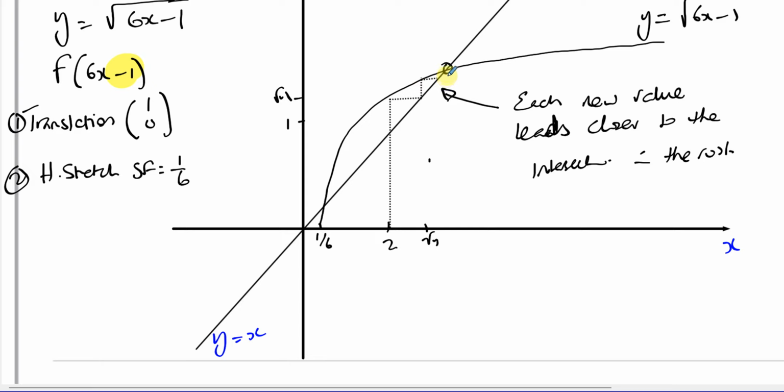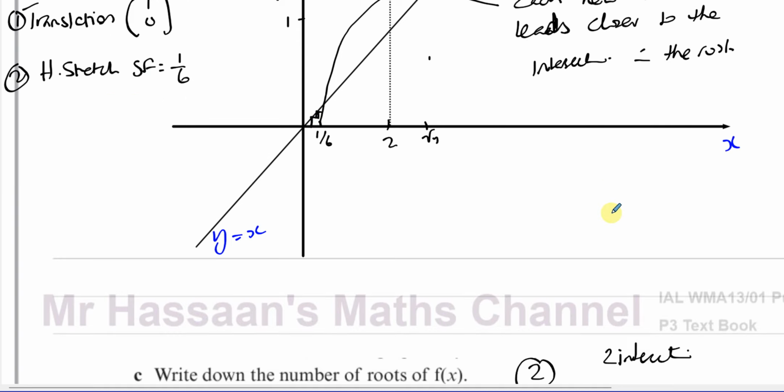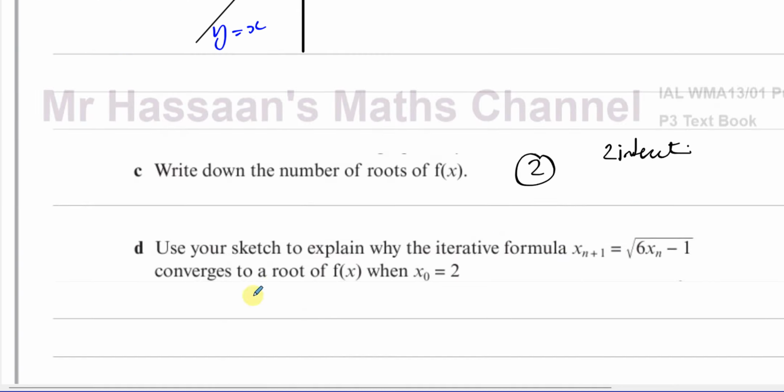So that would get you closer to that root, I guess. And I guess if you choose a value less than 1/6, that might get you closer to this root. Anyway, now that basically explains that.